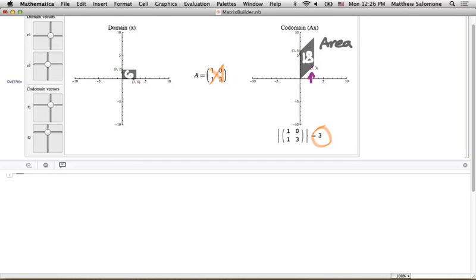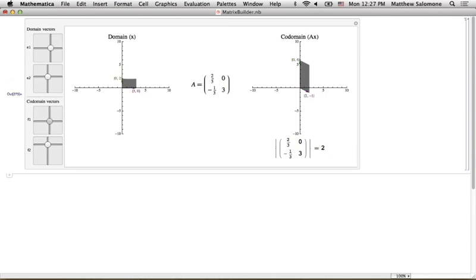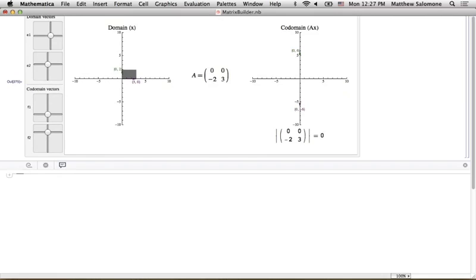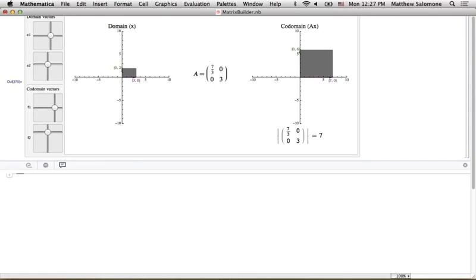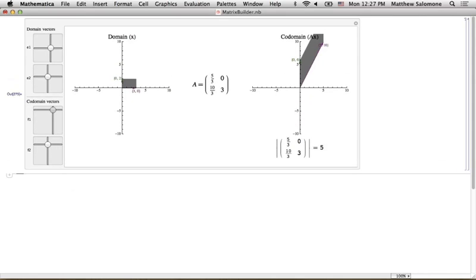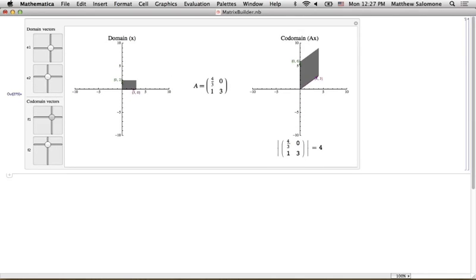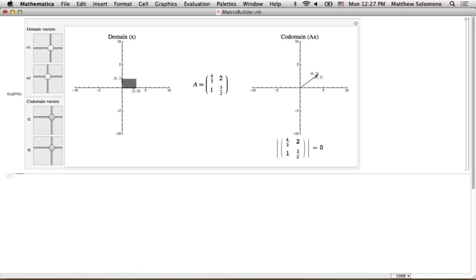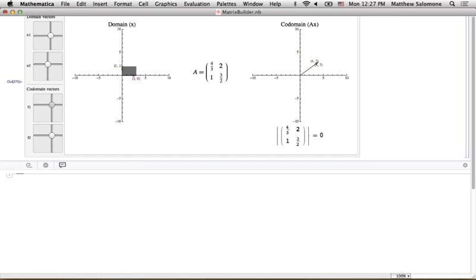What happens if I take these vectors and arrange them in just such a way that, let me tweak that a little so we can see it better. So let's make it so that I'm sending 3, 0 and 0, 2 to the same place, namely 4, 3.